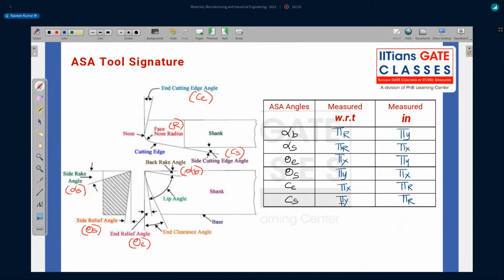Okay. So alpha represents rake angle, theta represents clearance angle, C represents cutting edge angles. Now, as I told you, all these things have to be written in a predefined sequence. And if you write that predefined sequence, then you can get into the ASA tool signature. So what is the predefined sequence that we have to remember?